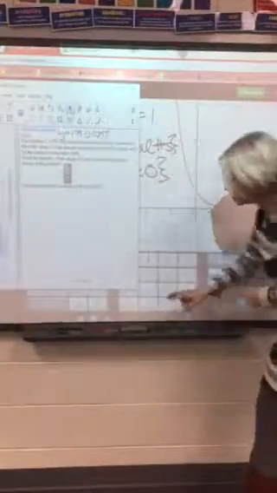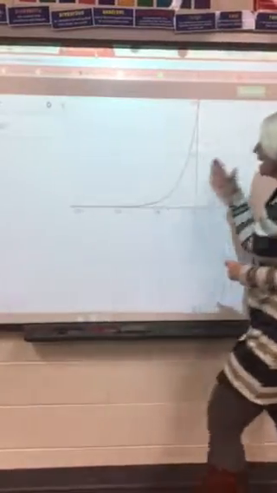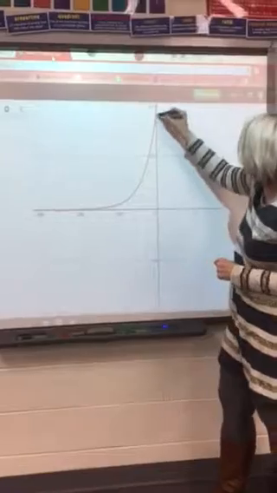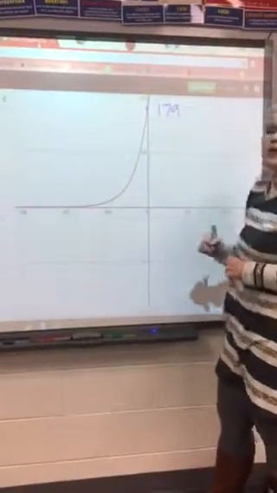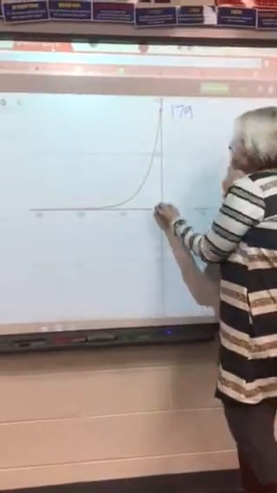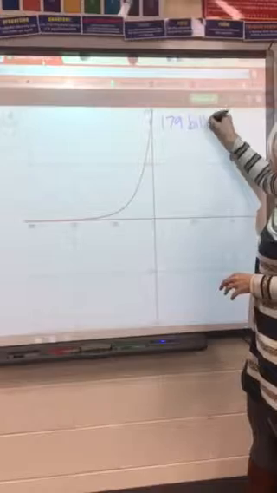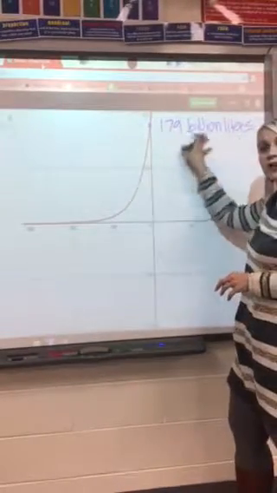I type this function in, and you will notice that you are going to have to zoom out because our numbers are so large. Our y-intercept is right here, and that's 179. So that tells me that when my time is 0, or in the year 2000, we have 179 billion liters that are consumed in soda.